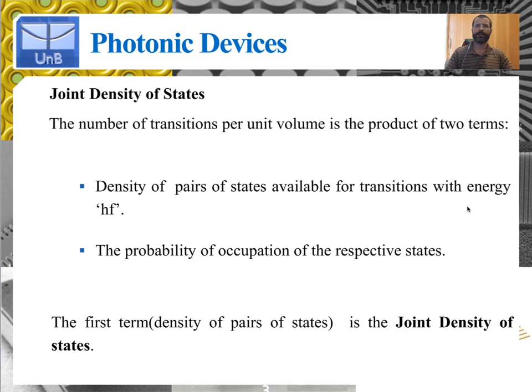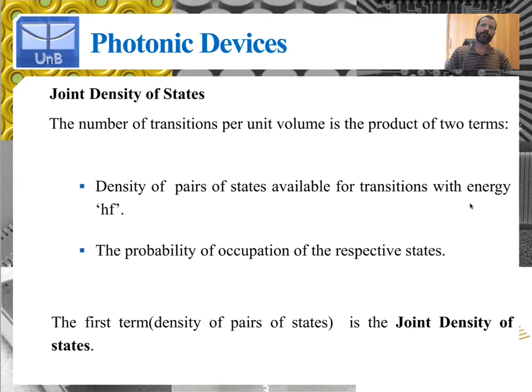So aside from having a large density of states both in the conduction and valence band, if you want to have many emissions, you need the states in the conduction band to be occupied by electrons and the states in the valence band to be occupied by holes, because when an electron in the conduction band loses energy and transits down into the valence band and occupies the place of a hole, in this process it will emit a photon.